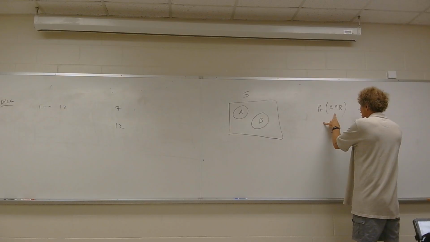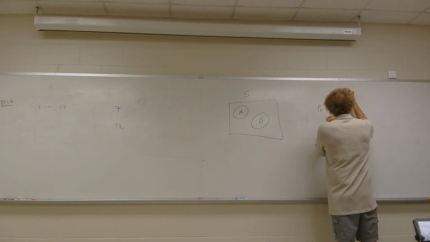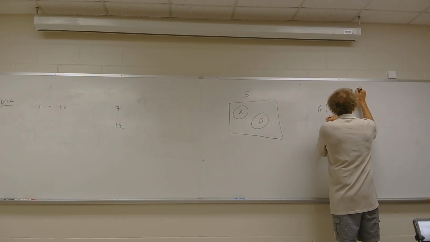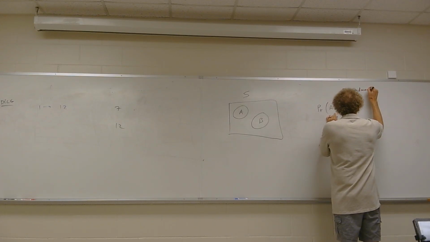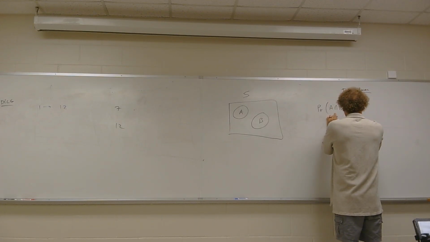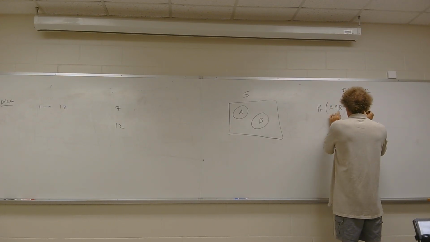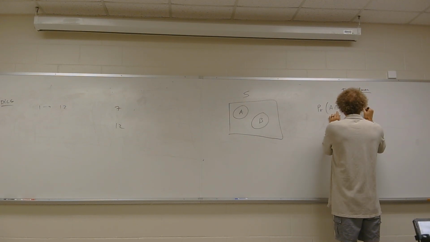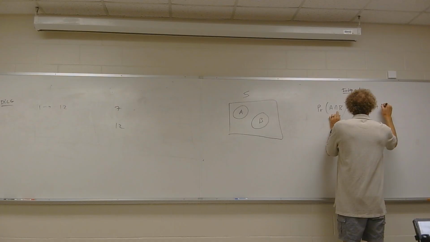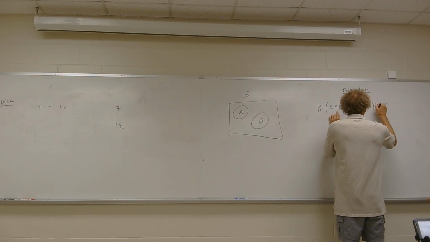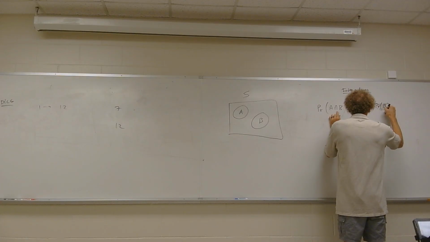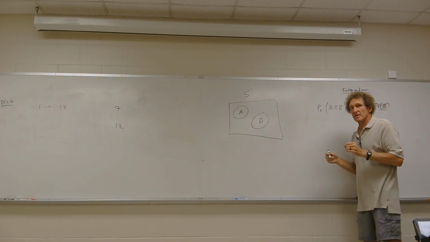So in that case, if they're independent events, and I'll spend a lot more time on this, then the probability of A intersect B, or both happening, is just the probability of A times the probability of B. That's all it is, if they're independent.